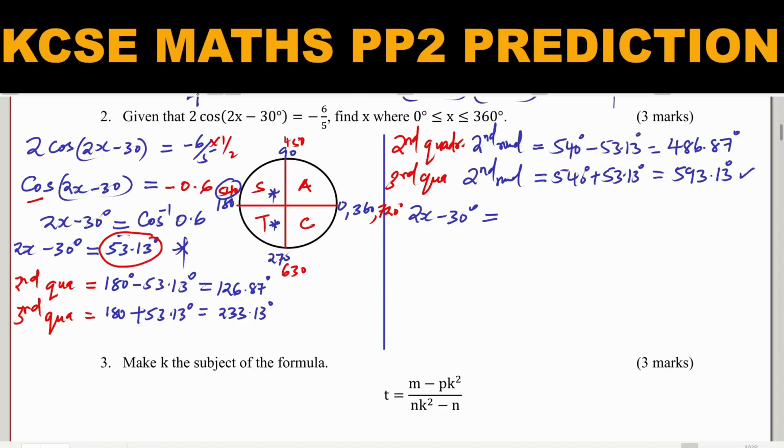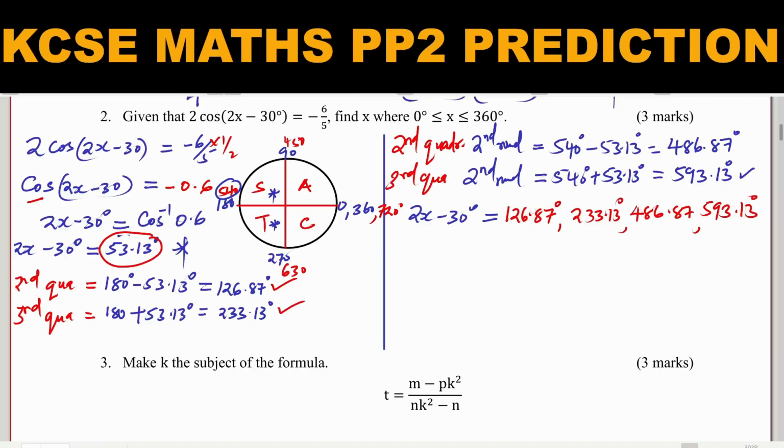So the first one that we got was 126.87 degrees, and then we have 233.13 degrees, and also we have 486.87, and then we have 593.13.